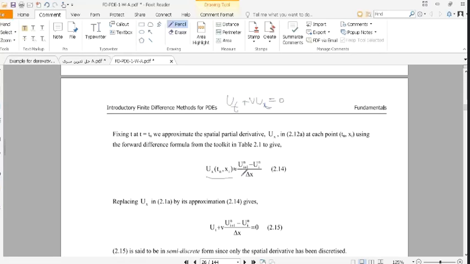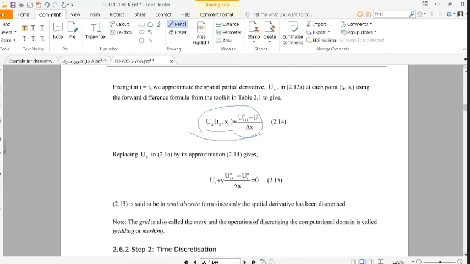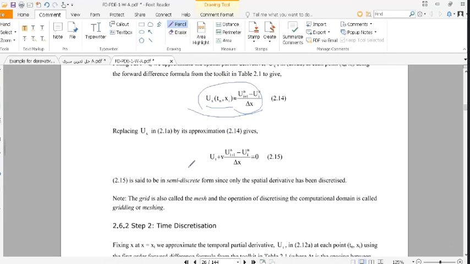When we replace ux with this approximate formula, we have ut plus v times the forward approximation for u with respect to x. Then we have ut plus v (u i plus 1, n minus u i, n) over delta x equal to 0.